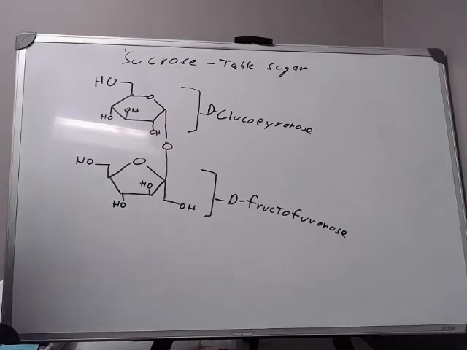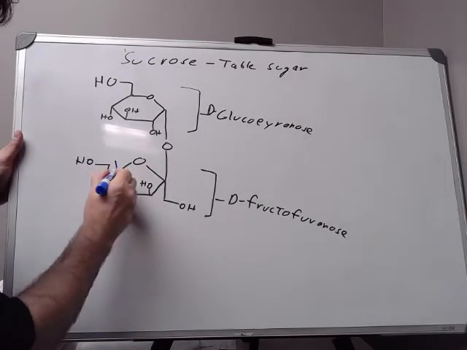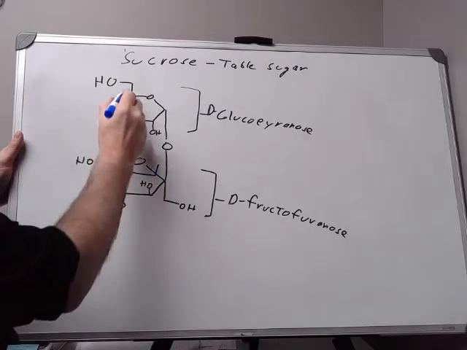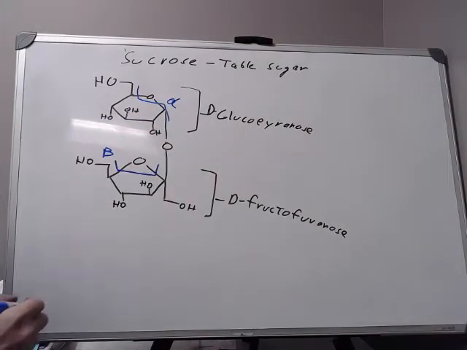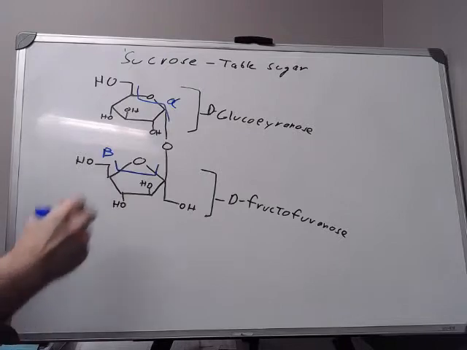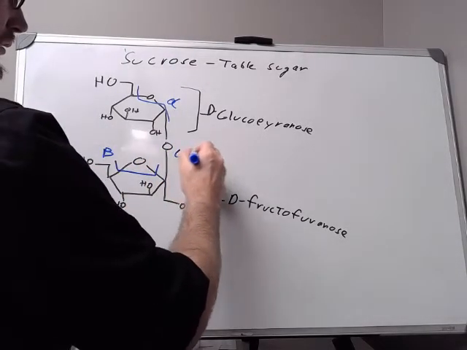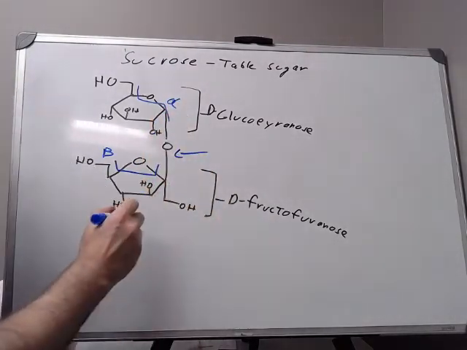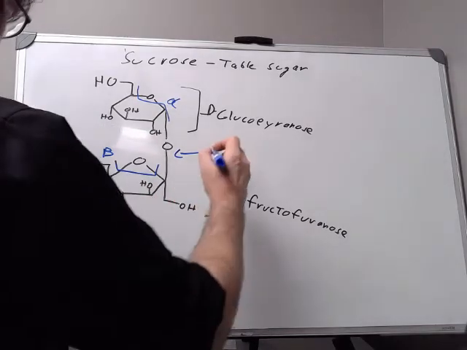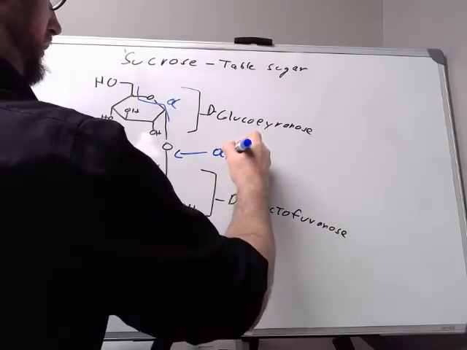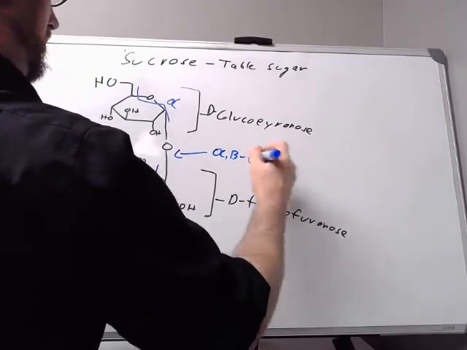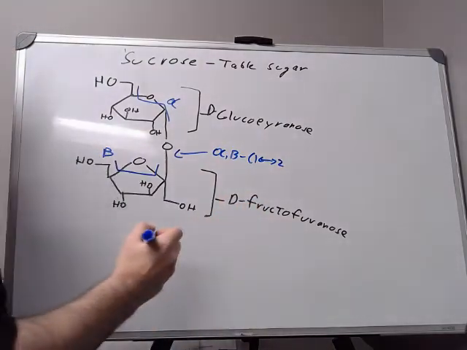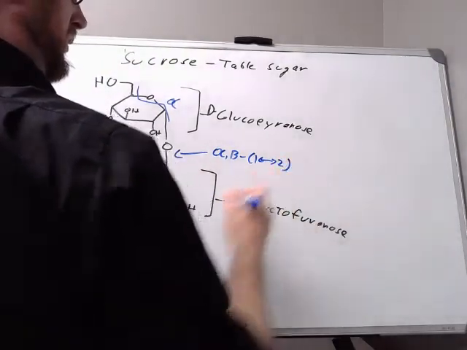And if we look at the shape here, well, this is beta, and glucose is alpha. And so the glycosidic bond that joins these two sugars together is an alpha beta 1,2 glycosidic bond.